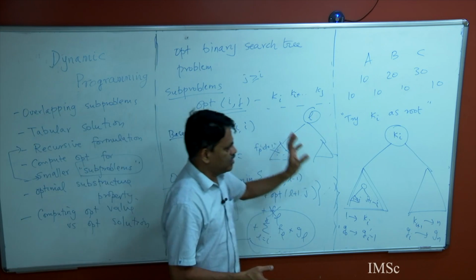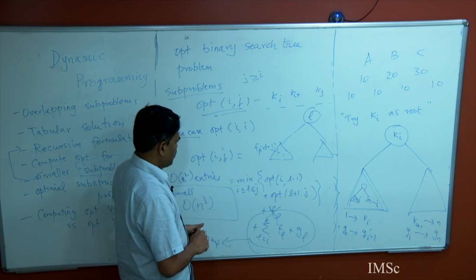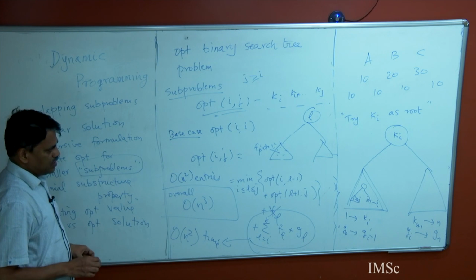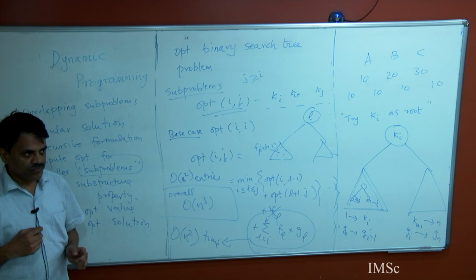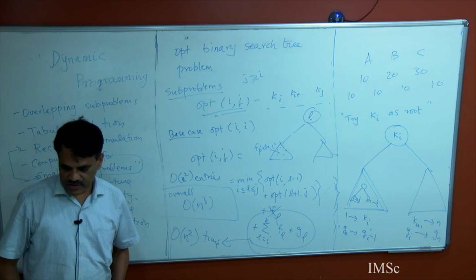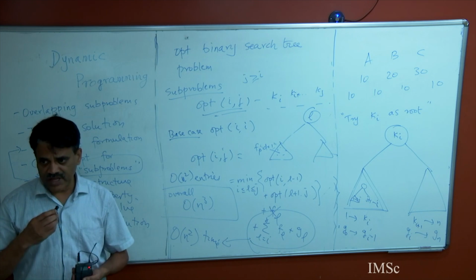Now you pick a choice, it tells you what subproblems to compute. You have to be careful about subproblems, write down the recursive formulation, and this is it. Okay, let's stop. We'll see more examples next time.